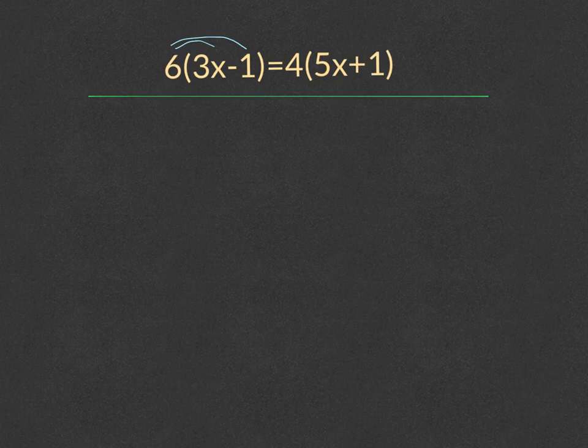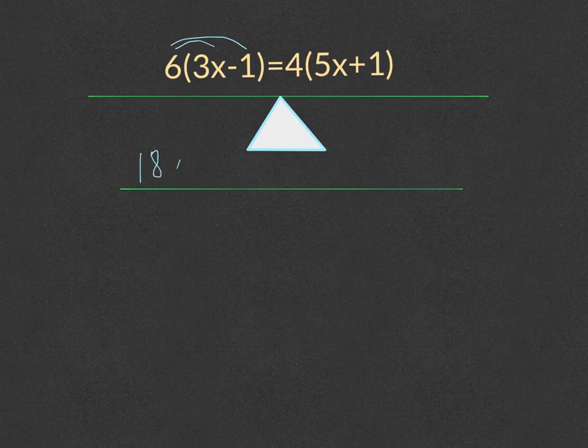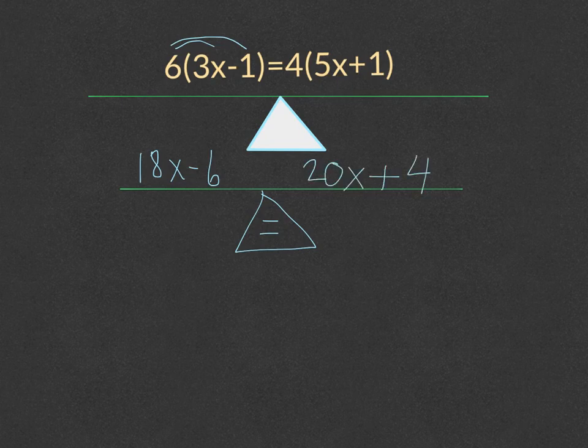So if we take a look here, I want to distribute that 6 through, so that would be 18x minus 6. And then I also want to distribute that 4 through on the other side, so that would be 20x plus 4.